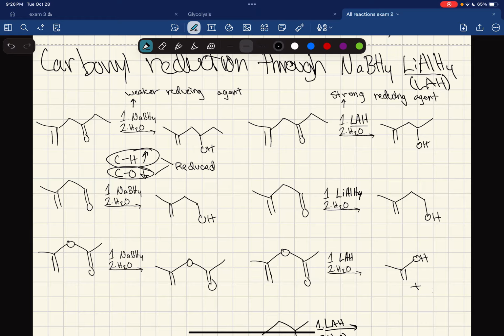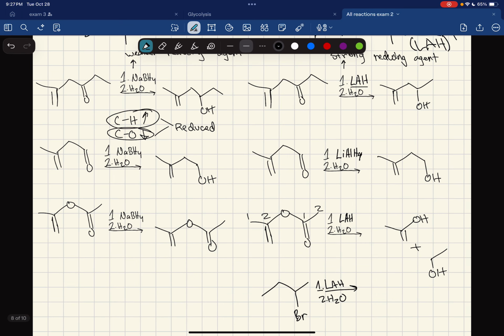I need to number the carbons. So there's only 4 important carbons. Yep, so it's going to reduce into that.